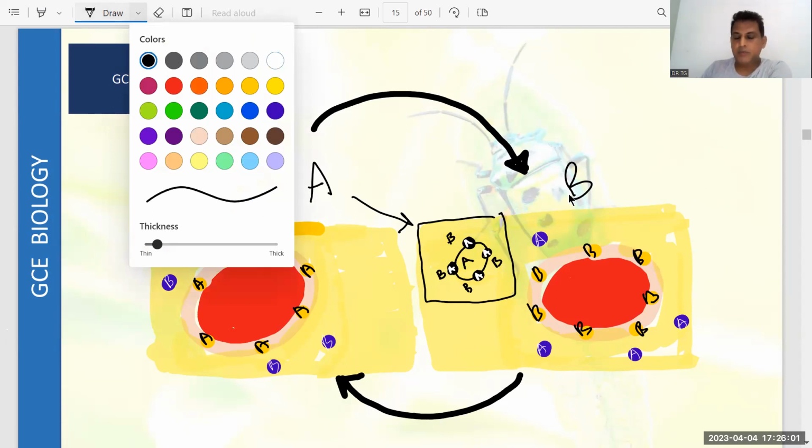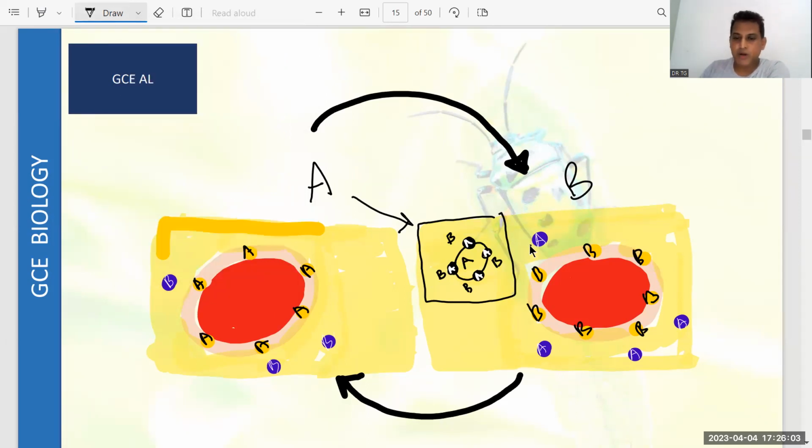Now, person with blood group B has A antibody. Now, antibody A can recognize A antigen. This is a good recognition. The antibody A can recognize A antigen. This is antibody A and this is antigen. Now, what will happen if it is recognized?